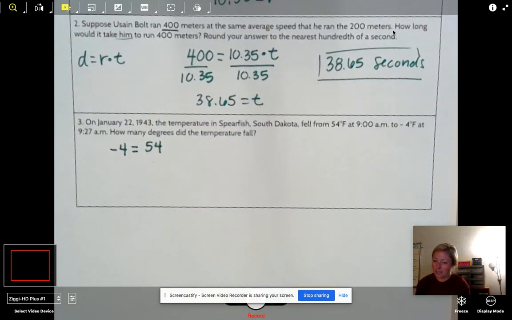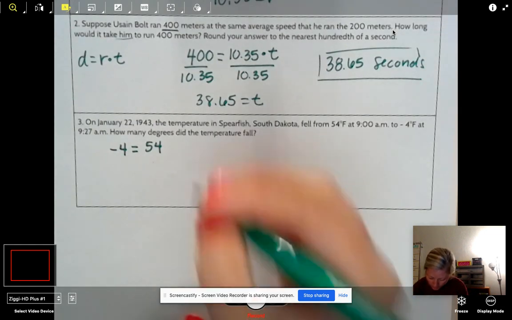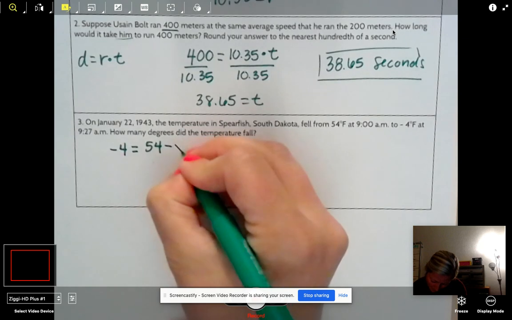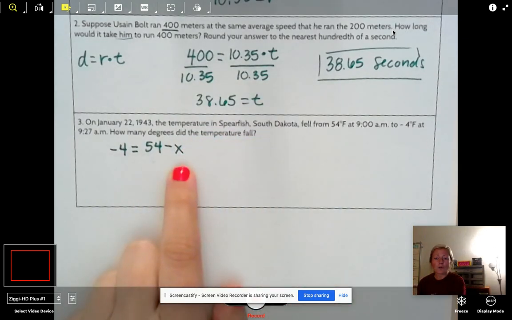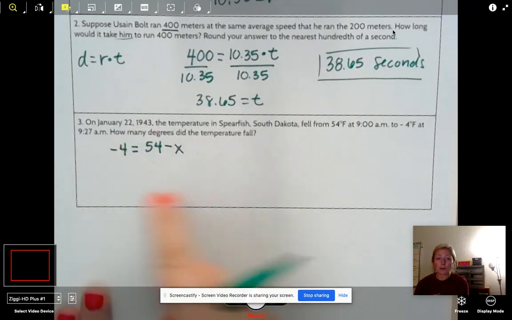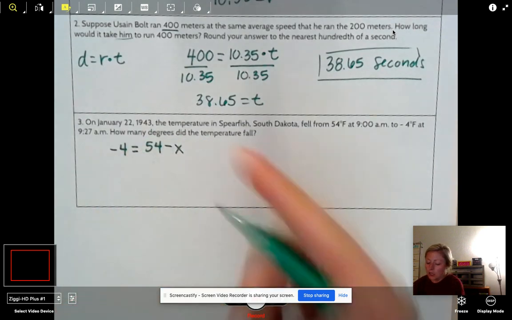Do I know how many degrees I fell? I don't. So I'm going to put minus x, because I don't know how many degrees it fell from 54 to -4. And now we have a simple equation we can solve.